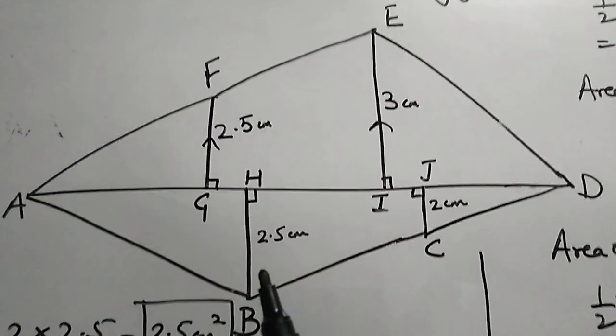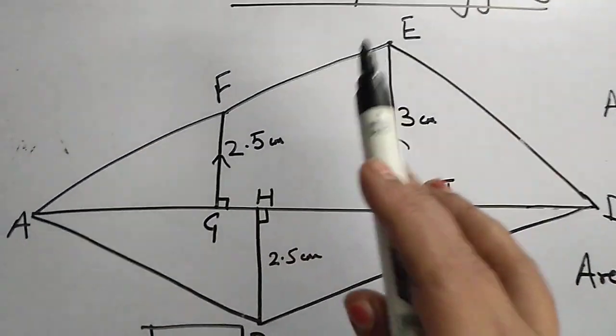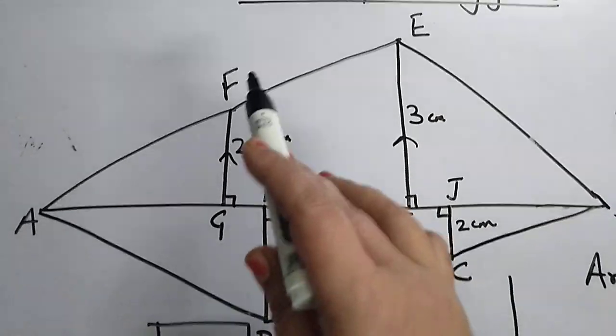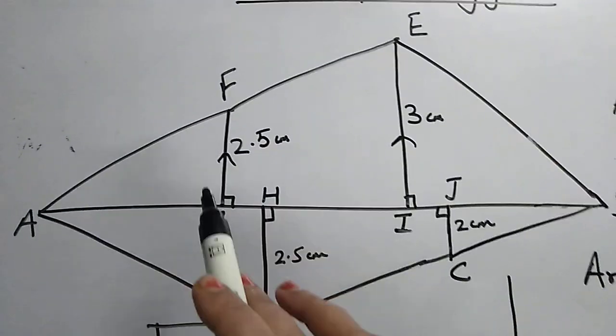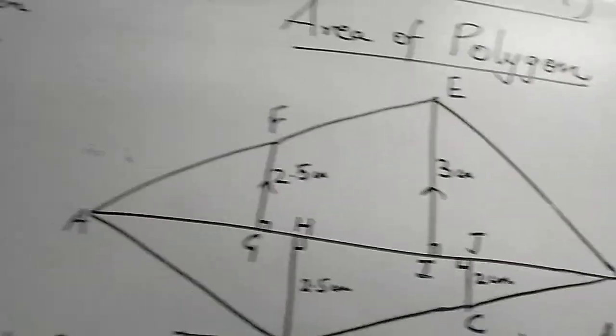To know the area of a triangle, we should know the base and the height. For a trapezium, we should know the parallel sides and the distance between the parallel sides.